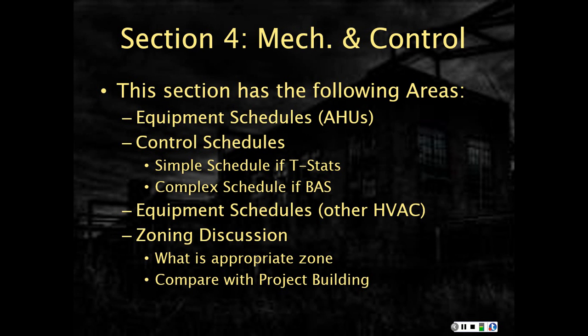We would also have control schedules, a simple control schedule if it's a T-stat, more complex control schedule if it's a building automation system. We would put in equipment schedules for items other than HVAC type mechanical equipment. So any other type of equipment associated with mechanical, such as hot water heaters, ceiling fans.